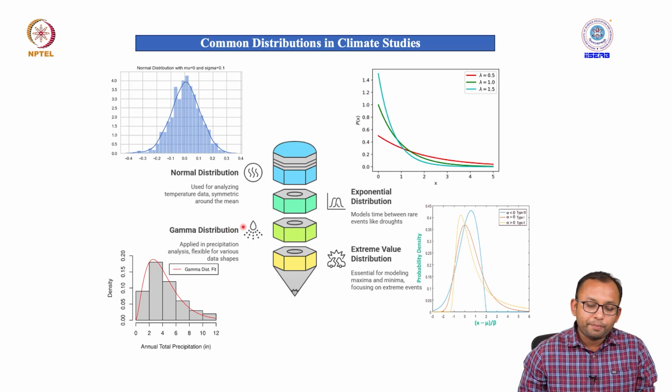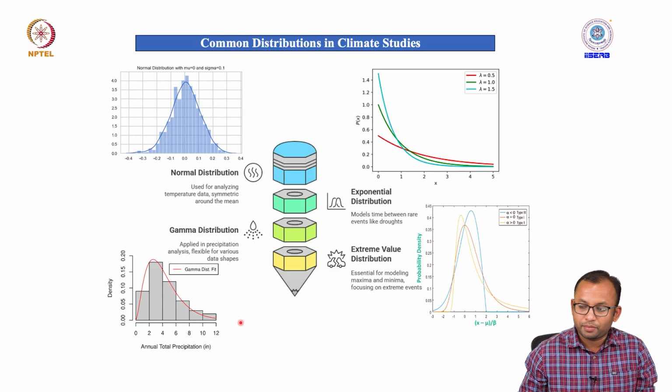Another example is the gamma distribution, which we apply when we have extreme values towards the positive direction. We fit the gamma distribution function, and then calculate the probability of occurrence of different types of events, even the maximum, such as the probability of rainfall or some meteorological property reaching extreme values.